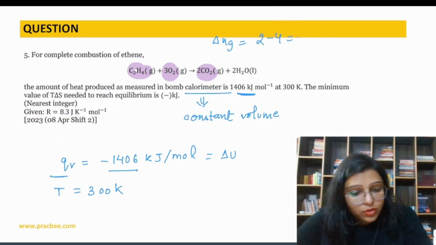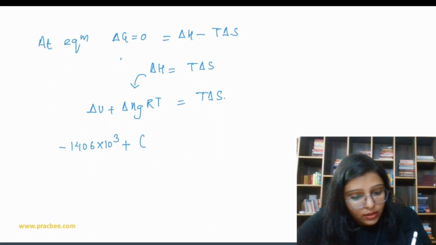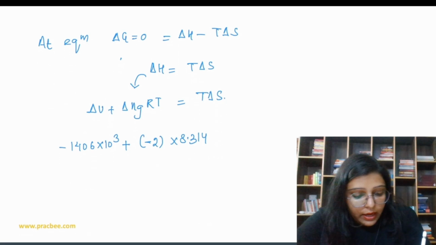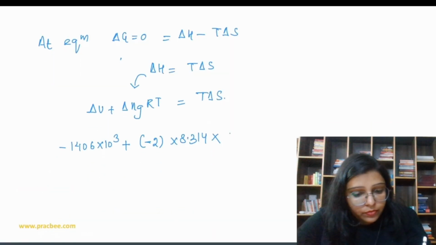So 2 minus 4 which is equal to -2. So that is going to be -2 into 8.314 and temperature, 300 Kelvin.